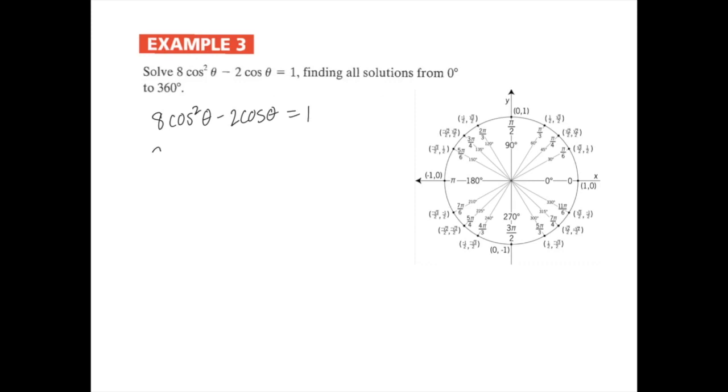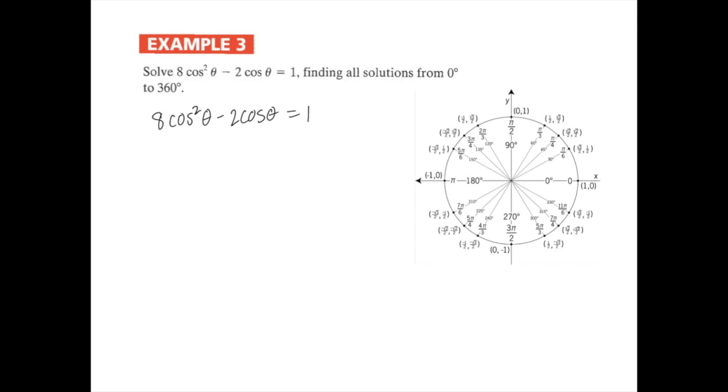So if you thought of this as 8x squared minus 2x equals 1, so I replaced the cosines with x's, you can see how it looks just like a quadratic equation, and that if we were trying to solve this as a regular quadratic equation, we would probably try to factor it. So we're going to take the same approach here, except using cosines instead of x's.